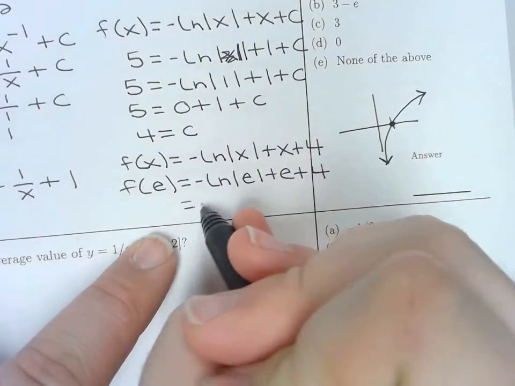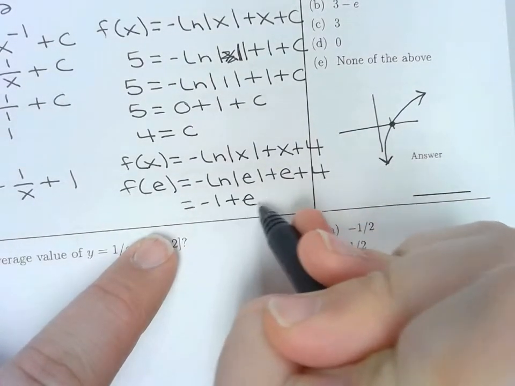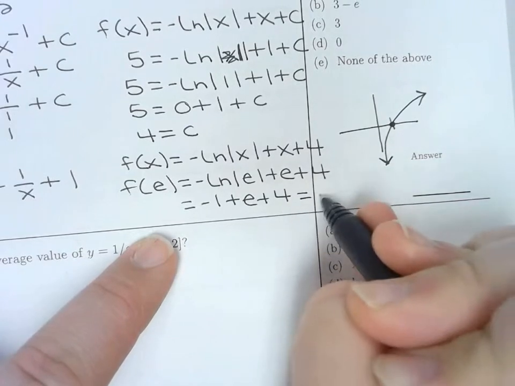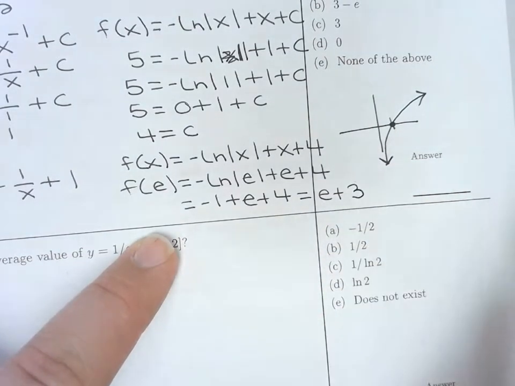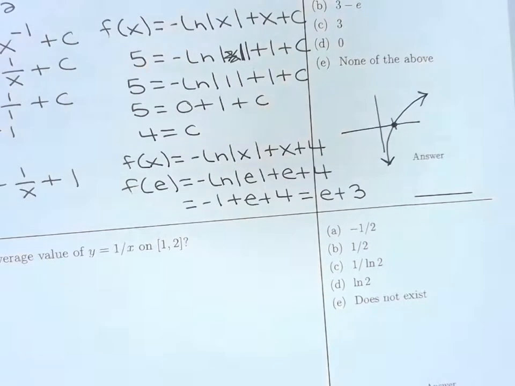Yep, ln and e cancel, so that's negative 1 plus e plus 4, which is e plus 3. Seems something like it, ln kind of made it trickier, but questions? Okay.